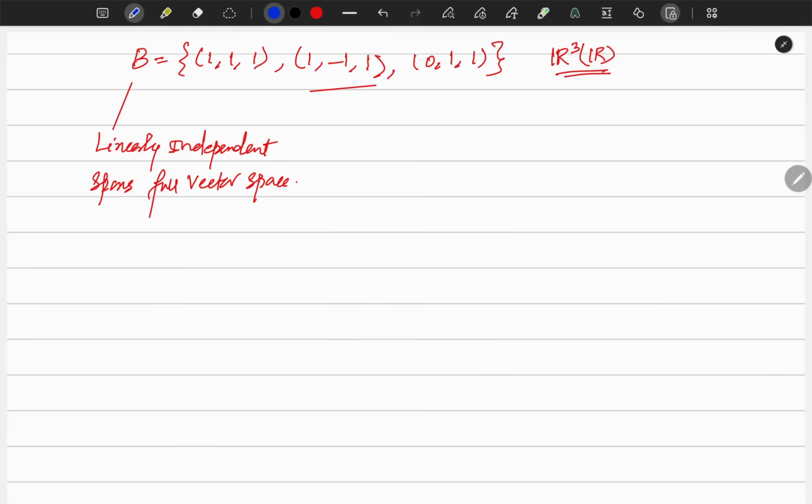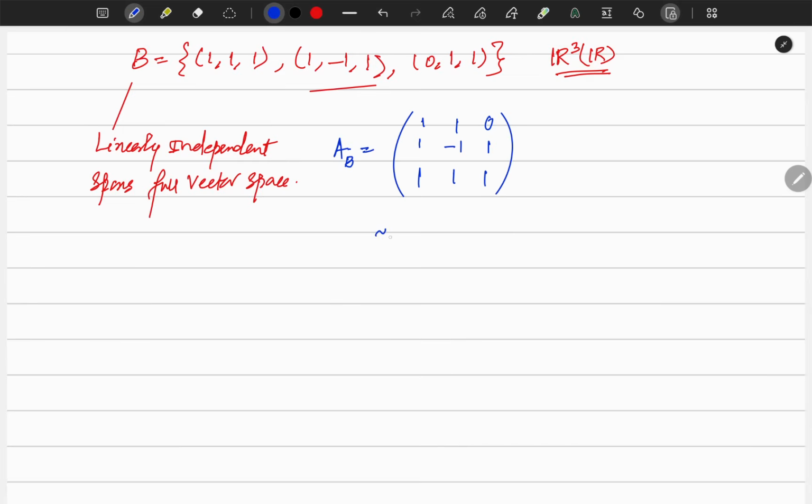So what will you do? First check whether it is linearly independent or not. You know how you will do it. You will check whether the determinant or the rank. I prefer the rank. So you will write a matrix from this B, or you can write A equal to (1, 1, 1), (1, -1, 1), (0, 1, 1) as columns.